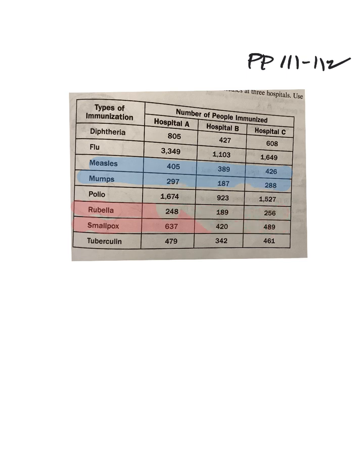Let me see if I can get rid of my handy dandy. Okay, so now I can go and give me a green highlighter. Number of diphtheria immunizations at hospital A was about how many times as great as the number immunized for diphtheria at hospital B. Okay, they want to know how many times.